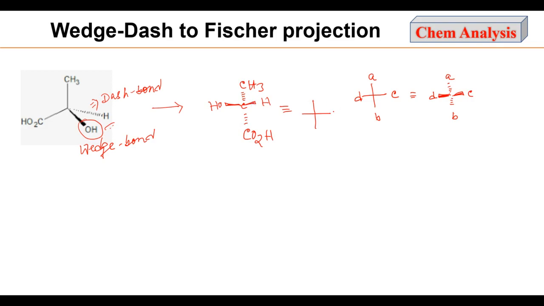That means the hydrogen atom will be on the right side, the OH group will be on the left side, the methyl group will be on the top, and the CO2H group will be at the bottom on the vertical axis. So we can see that we can convert an OH- formula to its Fischer projection.